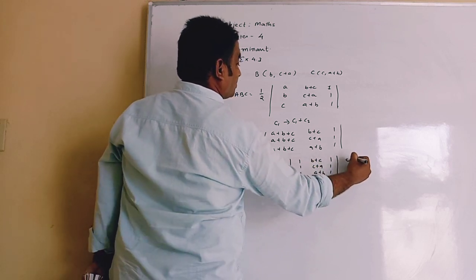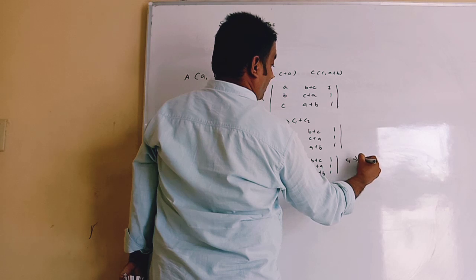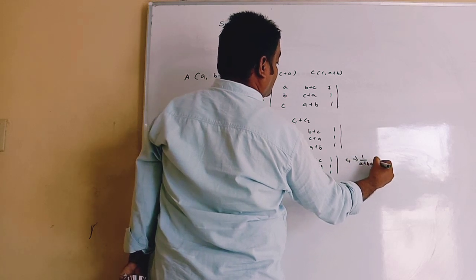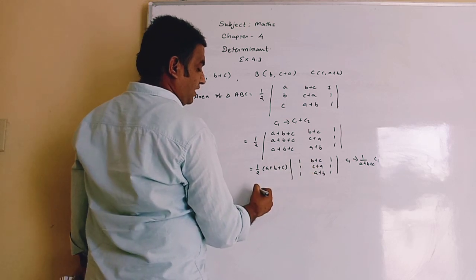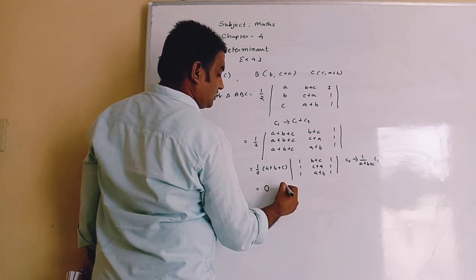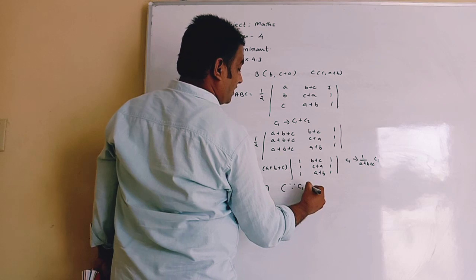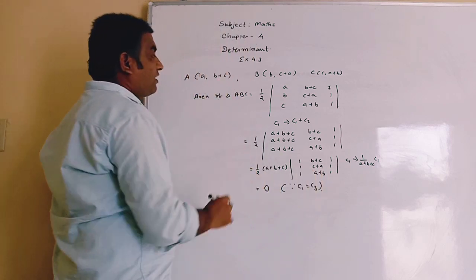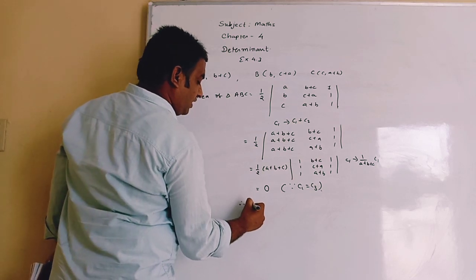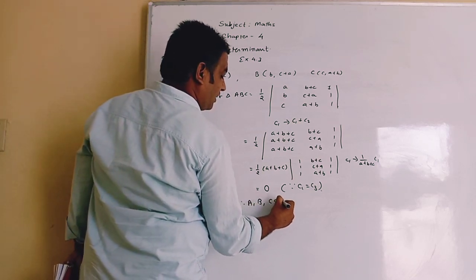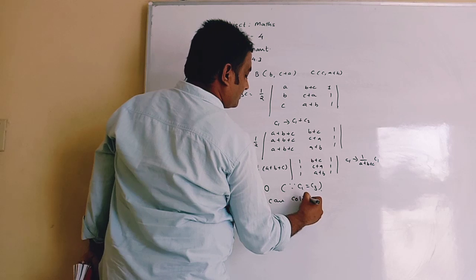Here C1 transforms into 1 by (a plus b plus c) times C1. Now we can see that two columns are equal, so it is 0, and so the answer is 0. The reason is that C1 equals C3 and area equals 0. So these vertices, and therefore A, B, C are collinear.